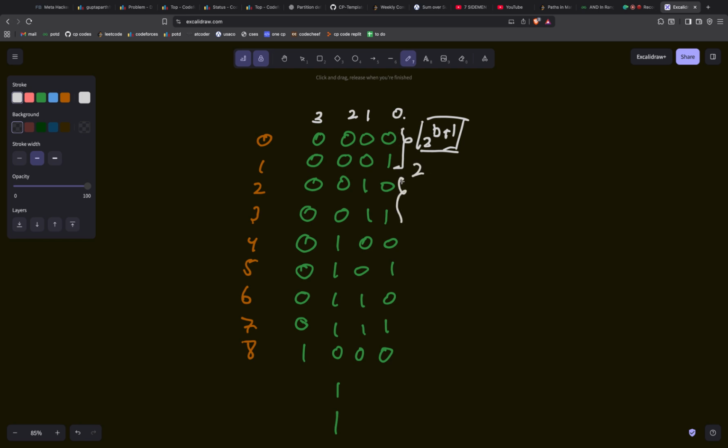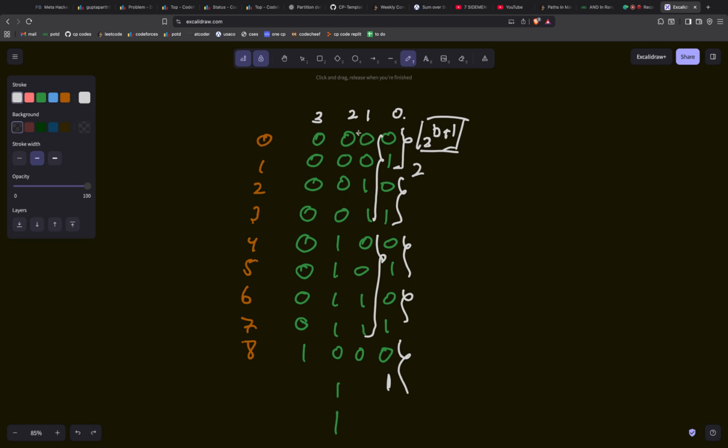So we can see 0 1 0 1 0 1 0 1, a repeating pattern. Even here it would be 0 1. Now here this would form a group of 2 raised to power 1 plus 1, so this is a group of size 4, and this is a group of size 4. Again here it will form a group of size 8, right?